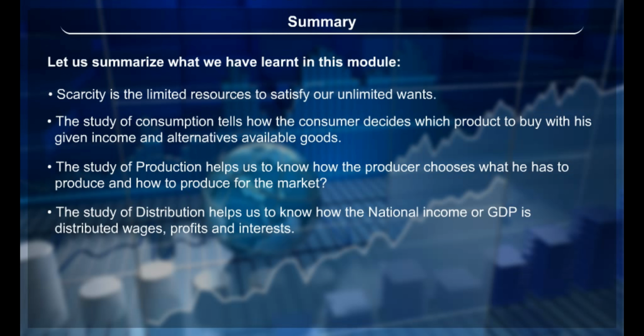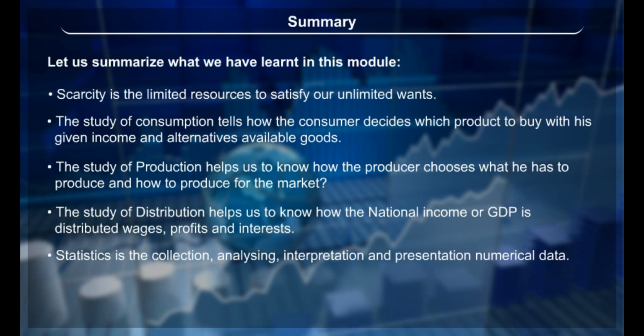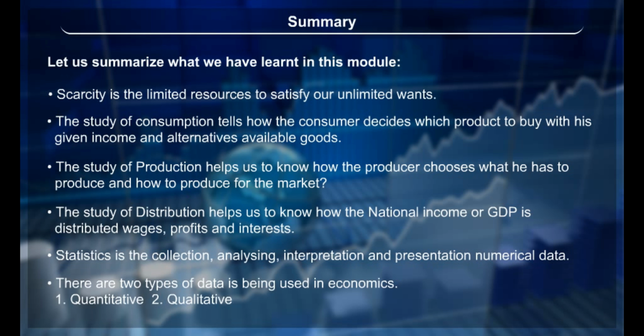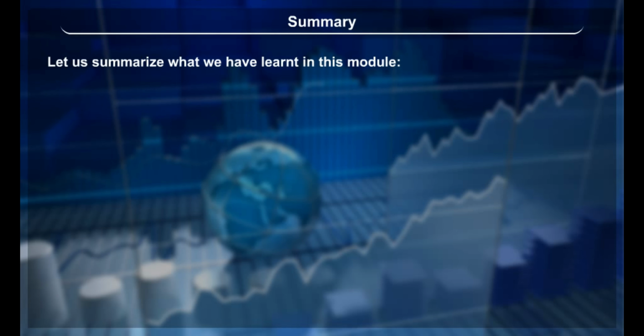The study of distribution helps us to know how the national income or GDP is distributed as wages, profits and interest. Statistics is the collection, analyzing, interpretation and presentation of numerical data. There are two types of data being used in economics: quantitative and qualitative.